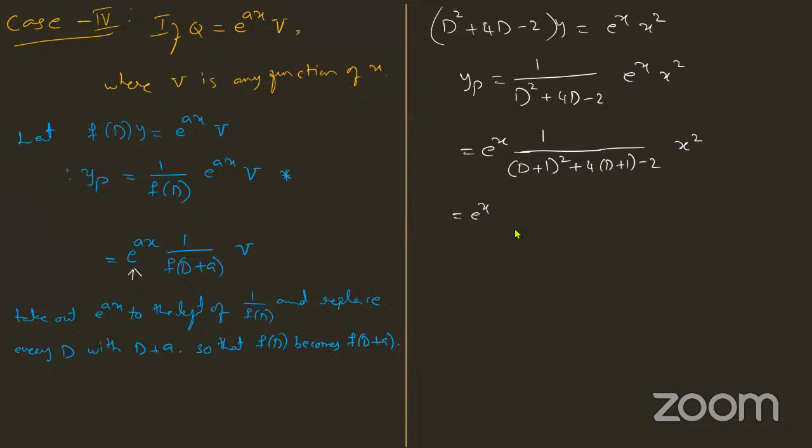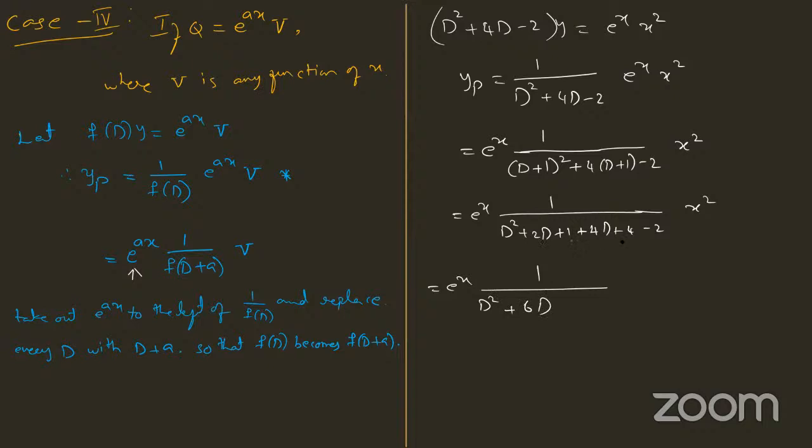Now see if you can simplify this. What happens, you see? 1 divided by, if you just expand this, it is D squared plus 2D plus 1 plus here also it is 4D plus 4 minus here is a 2. And this remains as x square. So this is equal to e power x into 1 divided by, if you simplify this, D squared plus, 2D plus 4D, it is 6D.